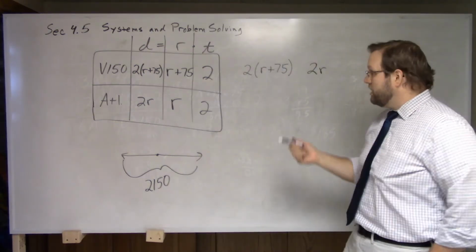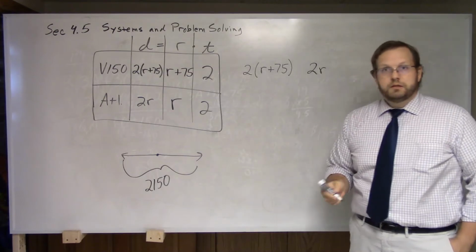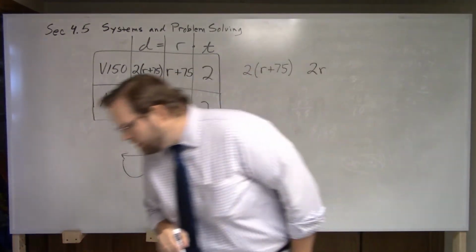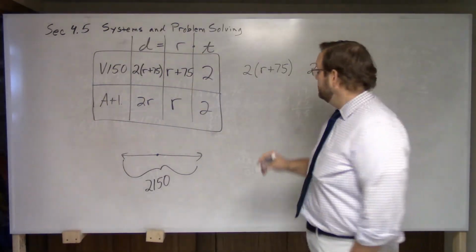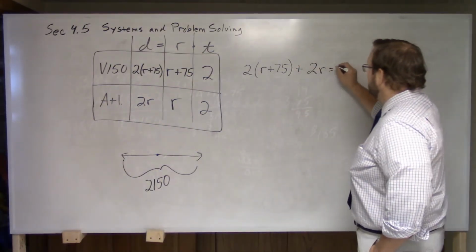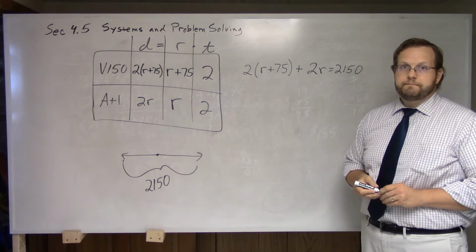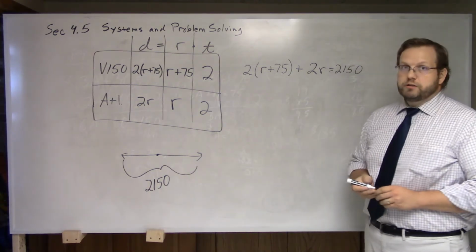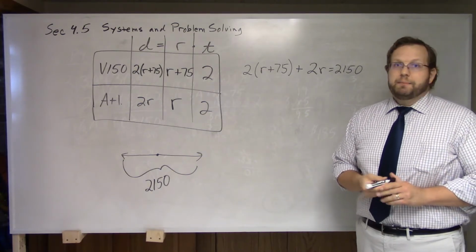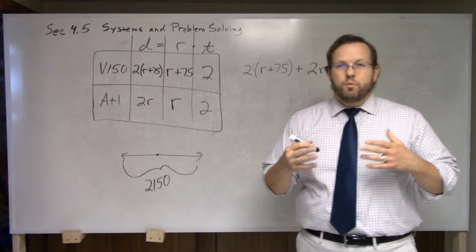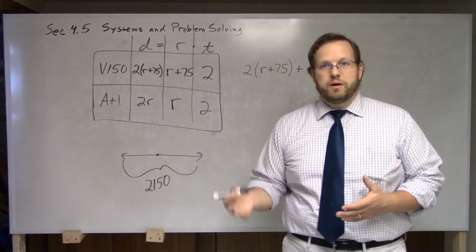Now, in this case, are those distances the same? No, but we do have a total distance of 2,150. Total simply means you add them up, and we get that. This is our equation. No need for a system. I'm not saying that using a system is wrong or it can never be used, but again, why use two equations when you can get away with one?